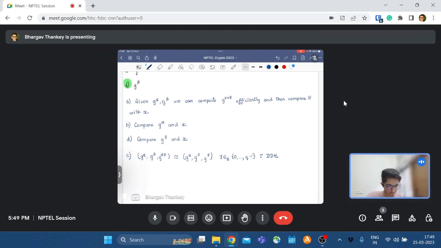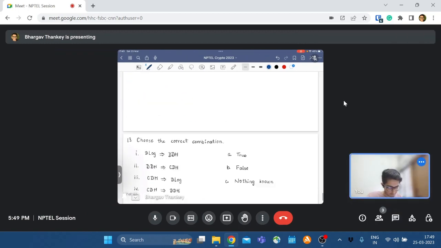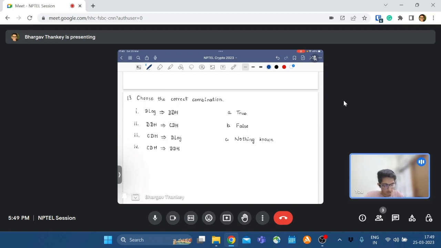Okay, if this is fine, let's move on to the next problem. The next problem is to choose the correct combination. By the way, before I begin, when I say D log implies DDH, what I mean is that the D log assumption implies the DDH assumption. That is, if D log is hard, then DDH is hard.